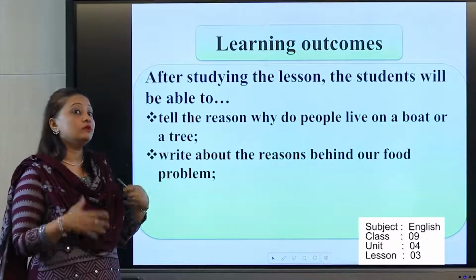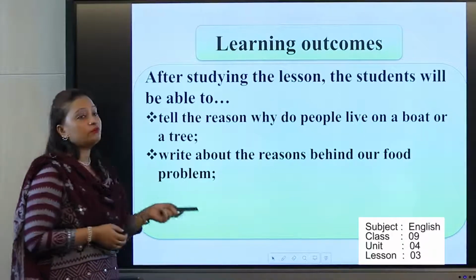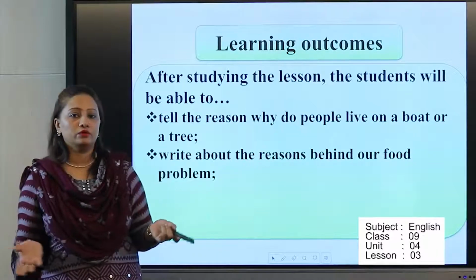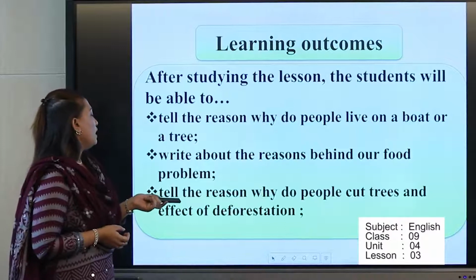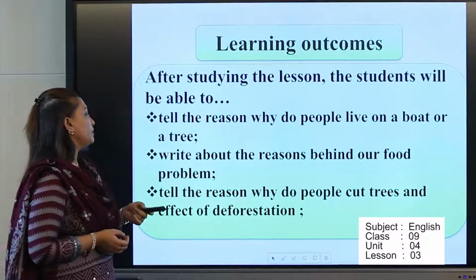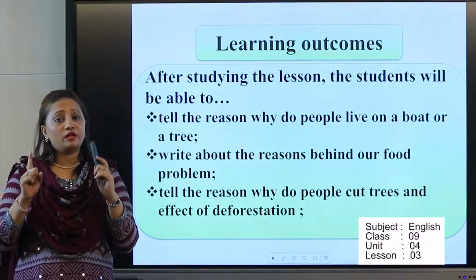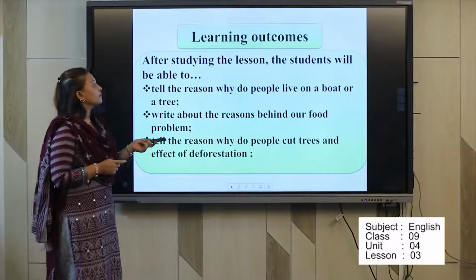And write about the reason behind our food problem. We will discuss why we don't have enough food for living. And tell the reason why people cut trees and the effect of deforestation. Here you can find a very important paragraph on deforestation.